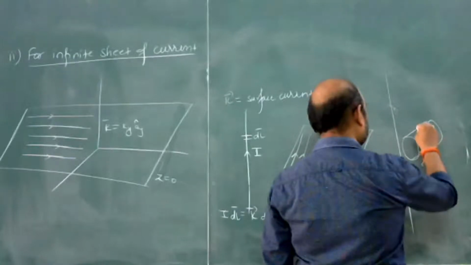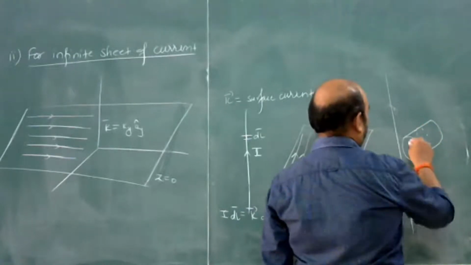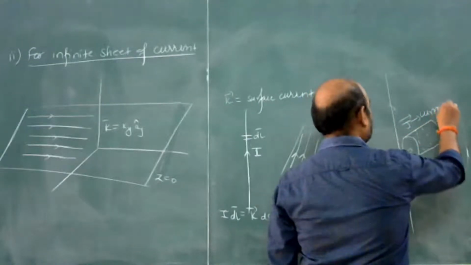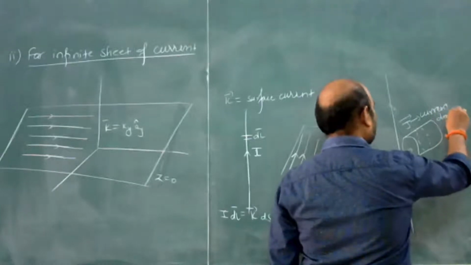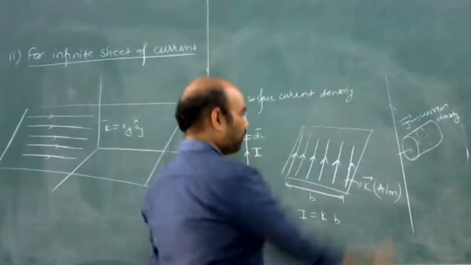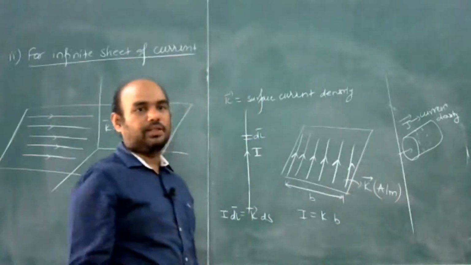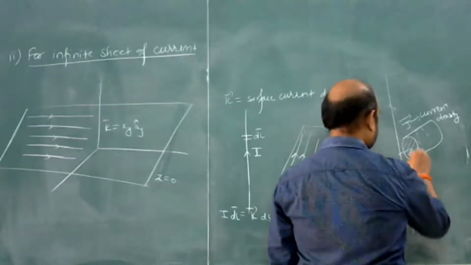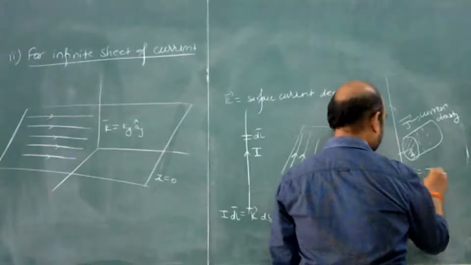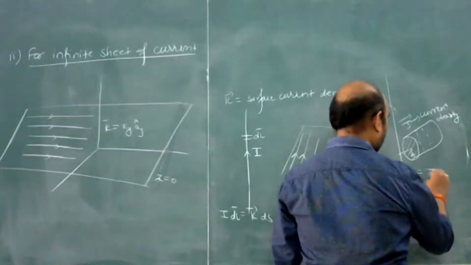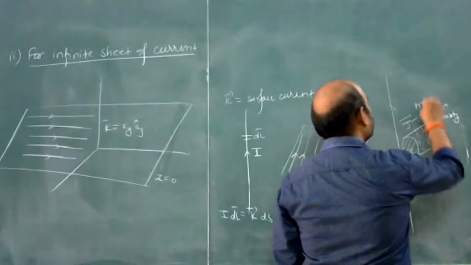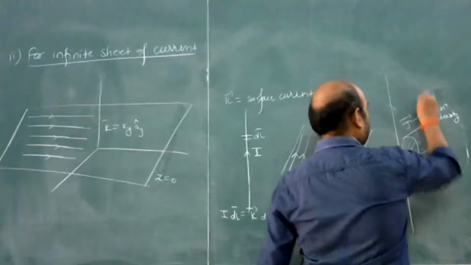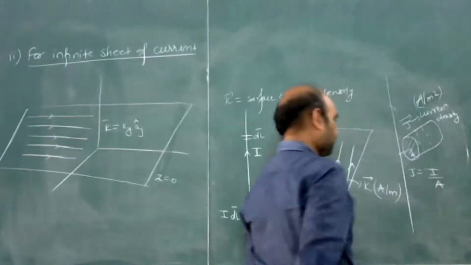It has current density J within. A broad conductor is taken whose current density is J, and this is area A. So J is equal to I upon A, and its unit is ampere per meter square.